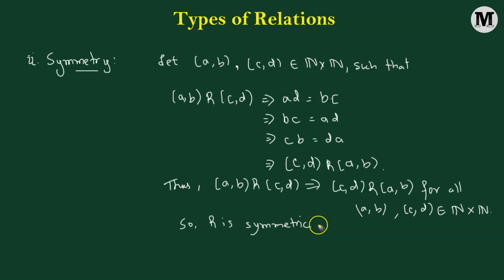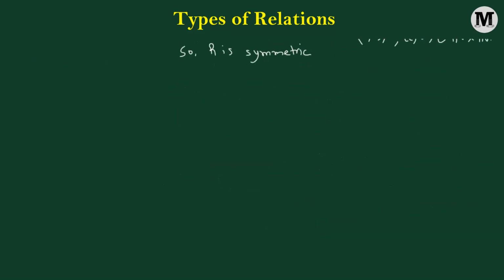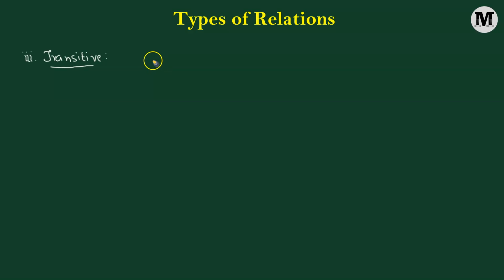Fine. And then finally, we are going to check for transitivity. So let's show that R is transitive as well. Now, in order to show that the relation R is transitive, we're going to consider three elements. Each of them is going to be an ordered pair.